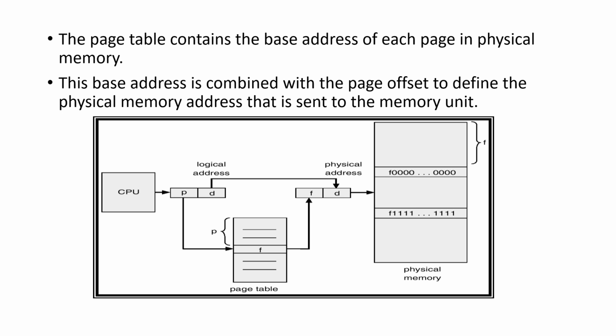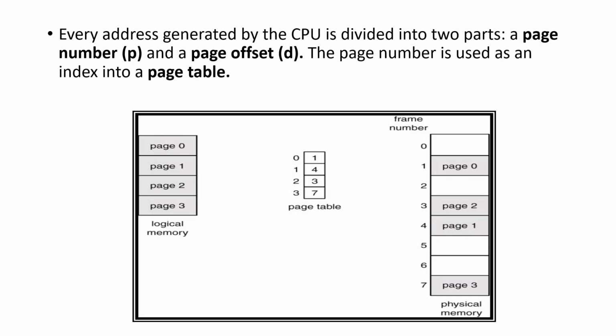Now using this physical address, the particular location in the physical memory is found, and here we can store the data as well as retrieve the data. Here we can see the example. On the left side is the CPU, which contains the logical address, and on the right side we have the logical memory and physical memory.